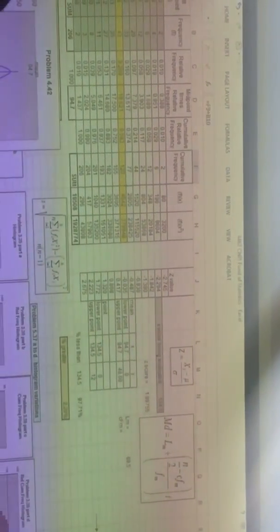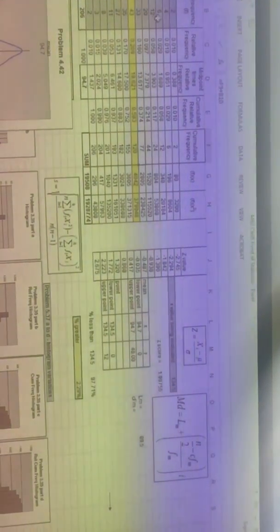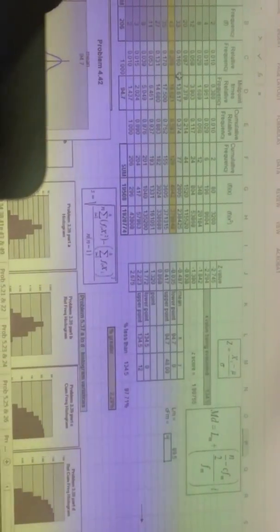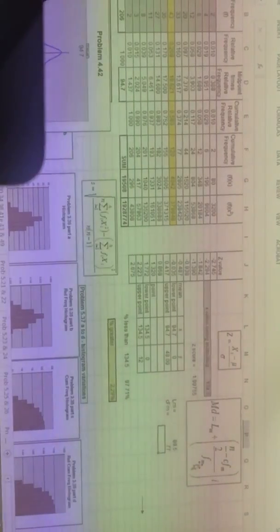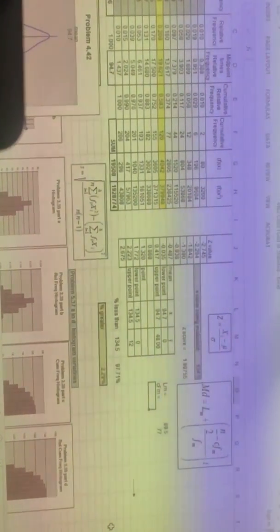It'd have to be 77. So it's the sum of all the 33, 20, 12, 6, 42. So that equals 77, just so I don't get confused and pick up the wrong thing. And then the FM, what is the frequency of the cell that has the median? It's 43.